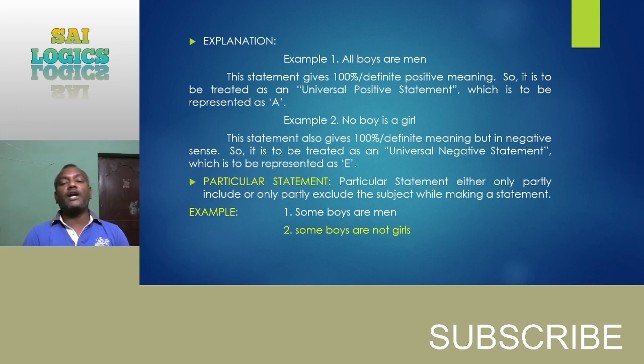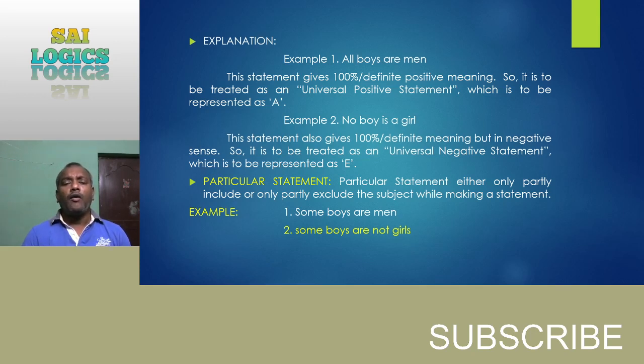This is also giving 100%, and the earlier statement also gave 100%. Both statements are to be called universal, but a statement that starts with all is universal positive, and a statement with no is universal negative. The all statement is represented by capital A and the no statement is represented by E. The reason behind A and E is that I am choosing vowels so that they will be easily remembered.